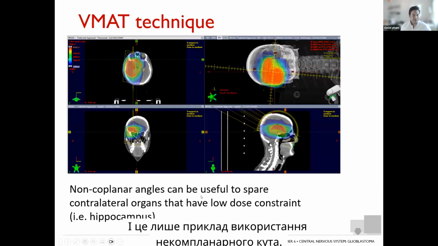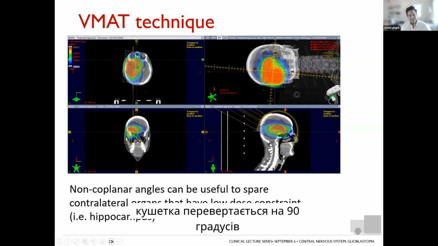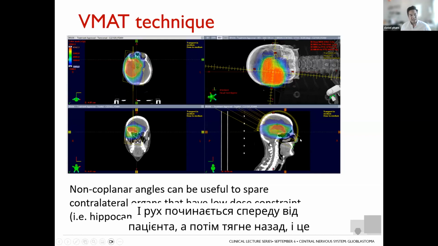Now, this is just an example of the use of non-coplanar angles. So for a non-coplanar angle, we would use a sagittal arc, which has the couch flipped 90 degrees from the gantry itself, and it generally starts anterior to the patient and then falls to the back.